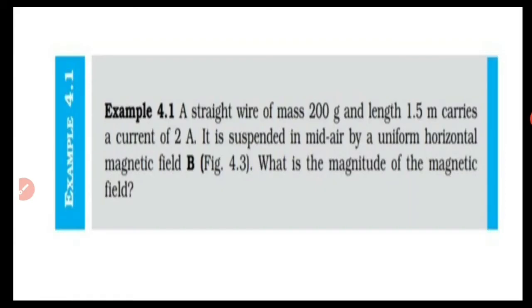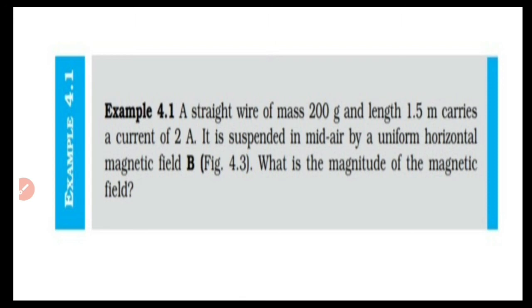Now this is a problem from textbook. A straight wire of mass 200 gram and length 1.5 meter carries a current of 2 ampere. It is suspended in mid-air by a uniform horizontal magnetic field B. What is the magnitude of magnetic field? So it is suspended in mid-air means what?